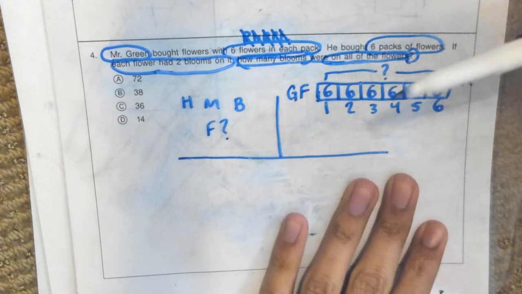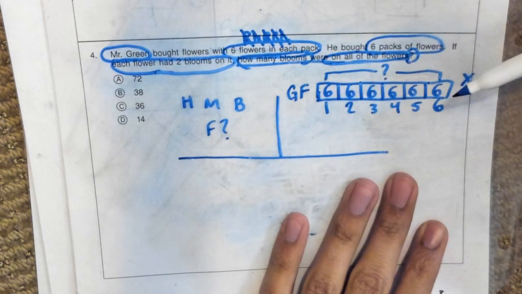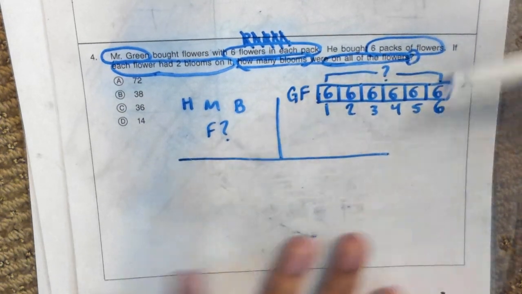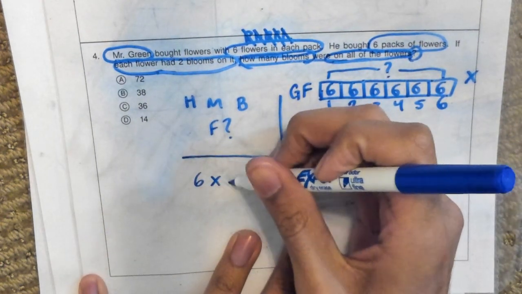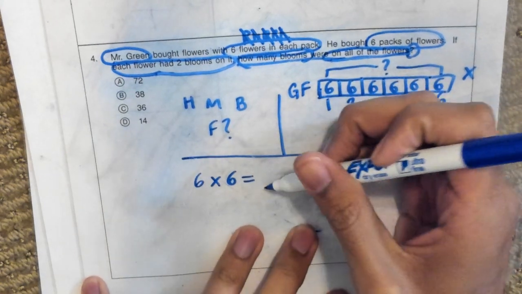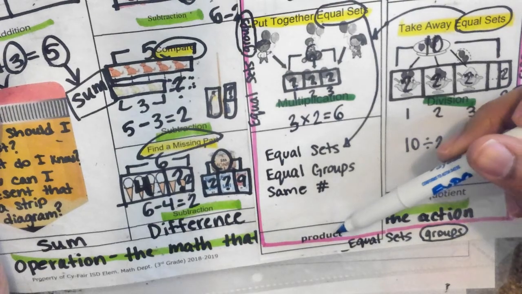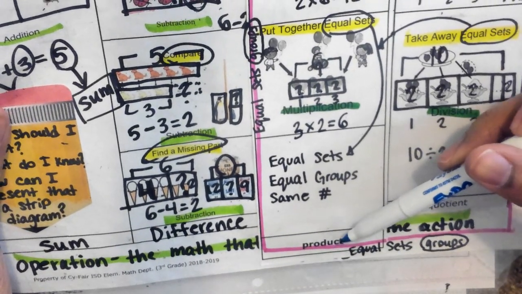So the number that I see again and again and again is the 6, and I see the 6 1, 2, 3, 4, 5, 6 times. So that's 6 groups of 6, and that should equal our product, because product is the fancy word that we call the answer to a multiplication number sentence.